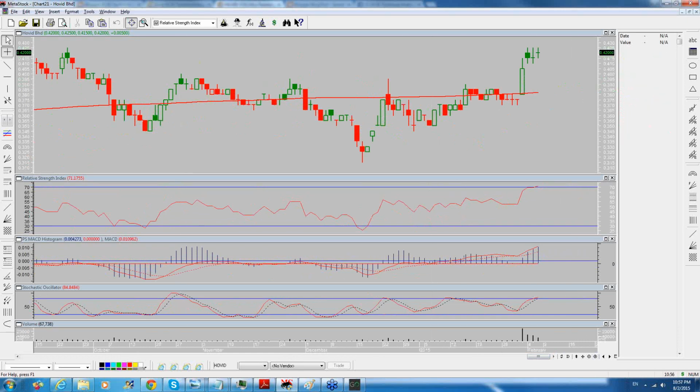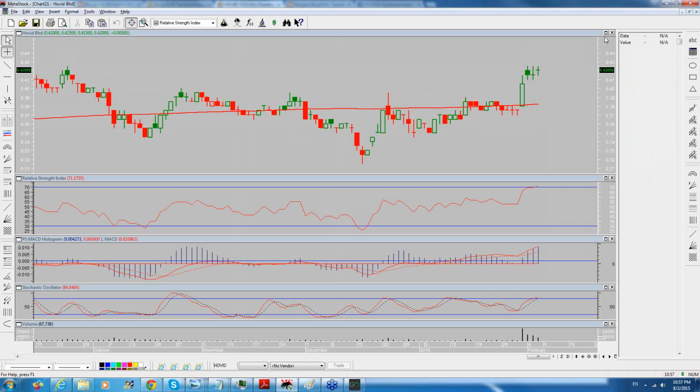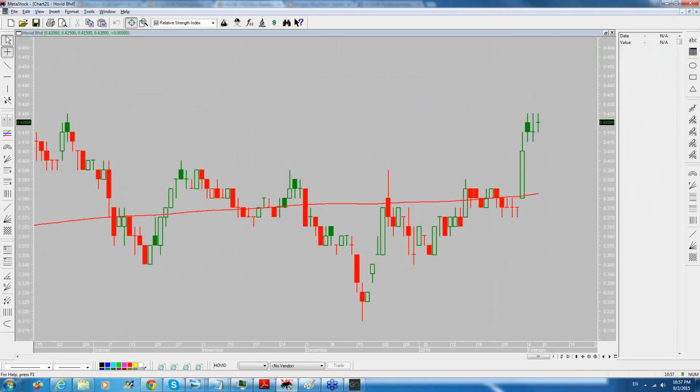Looking at this Whole Week, you can see quite clearly the flag pole.